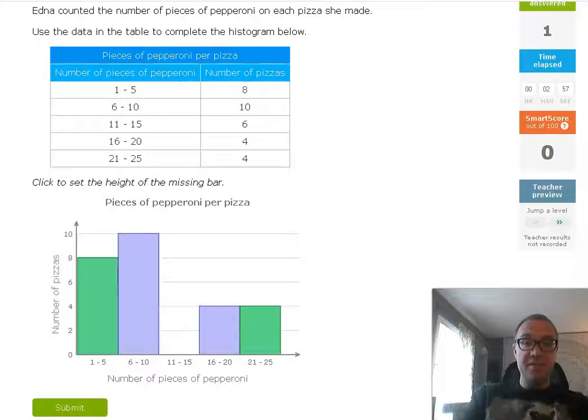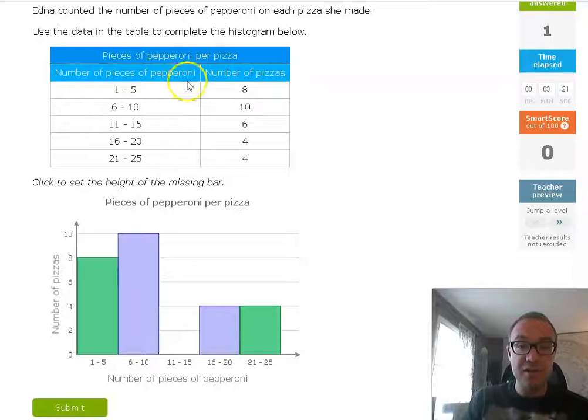So a frequency table, as shown here, shows a collection of data, and you separate the data into categories or intervals of equal size. So there's 5 numbers in each of these intervals, and then you put the total tally.